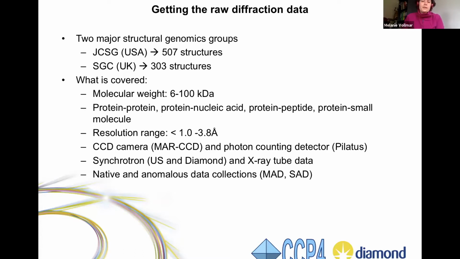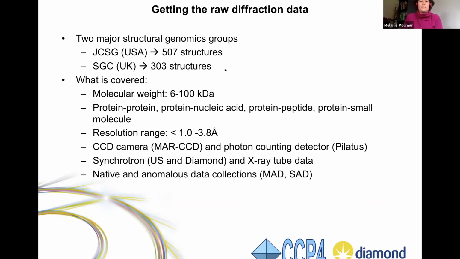The data has resolution, so details that can be seen in the structure, anywhere between an angstrom or better than an angstrom and 3.8 angstrom. So there's quite a range. It has a range of technologies in terms of detectors, X-ray sources, and also the way the phase problem was solved.